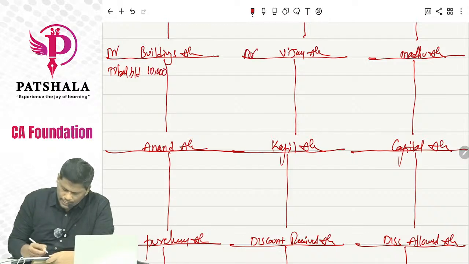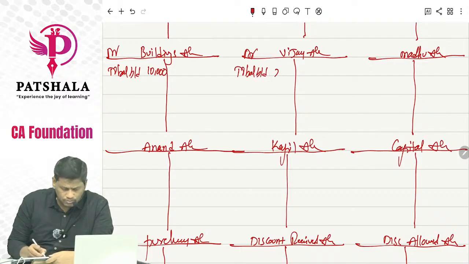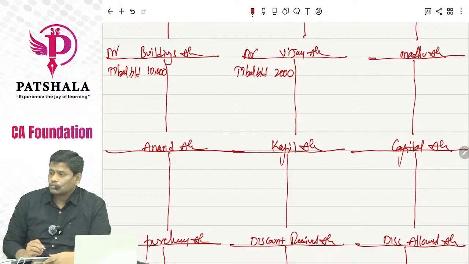Vijay. Go to Vijay account. Same date. To balance brought down. Right, to balance brought down. Did you write the date?